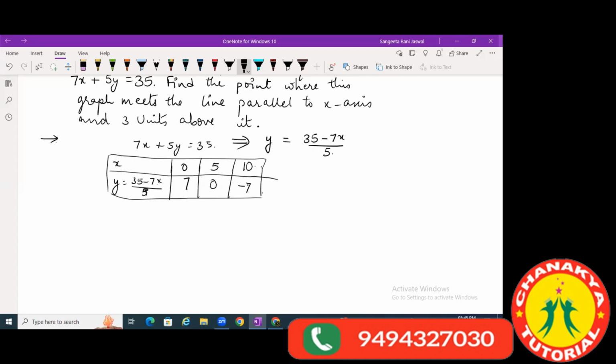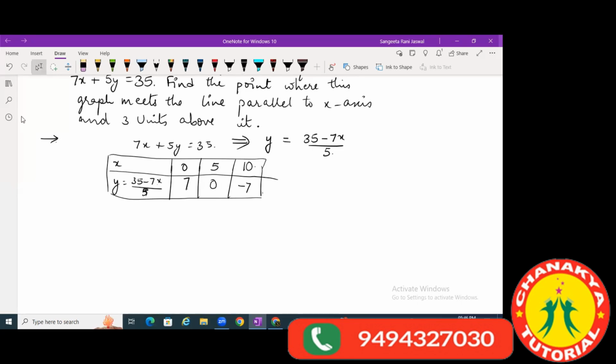Ma'am, for this one, if we take 2, it won't work, right? 7 into 2 will be 14, then 35 minus 14 will be something which may not be divisible by 5. So take those numbers which give you a number in the numerator that is easily divisible by 5. Ma'am, if we take 7, the value of y will be 0, right?